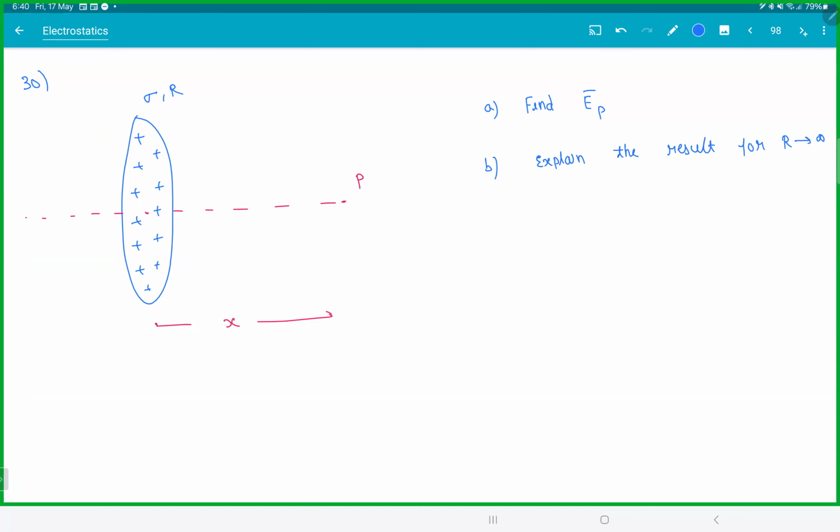First, let's get EP. I taught you for a ring, I'm asking you for a disk. Try. Involves integration again.